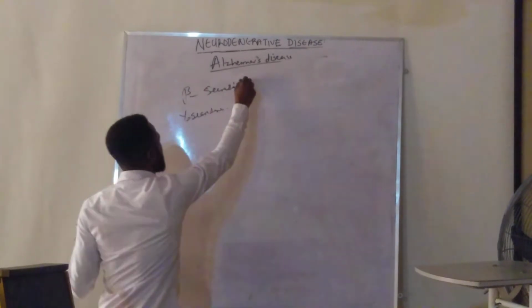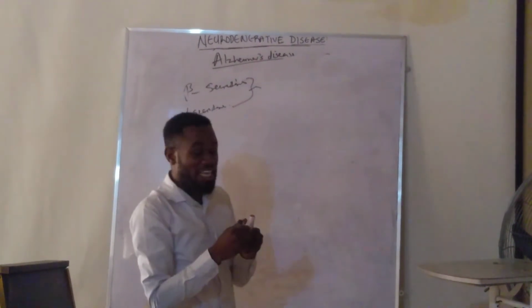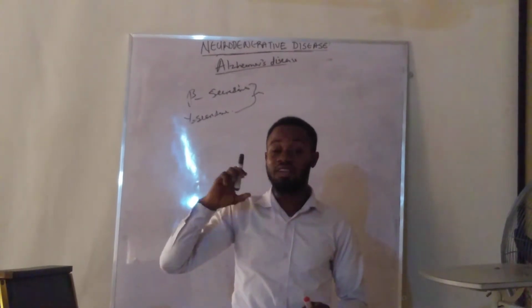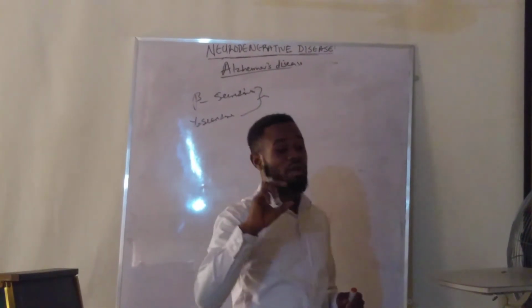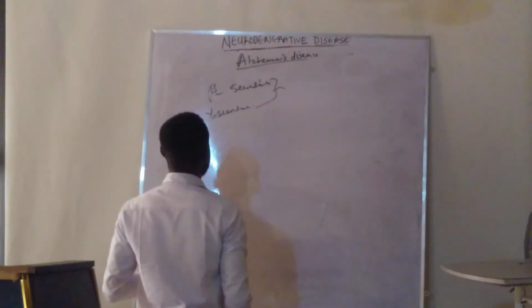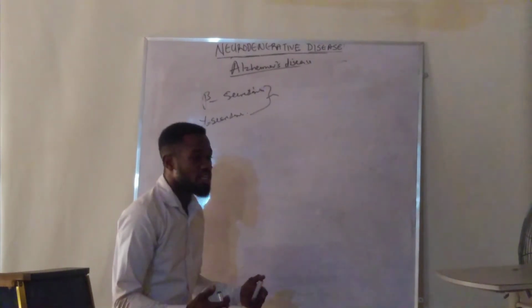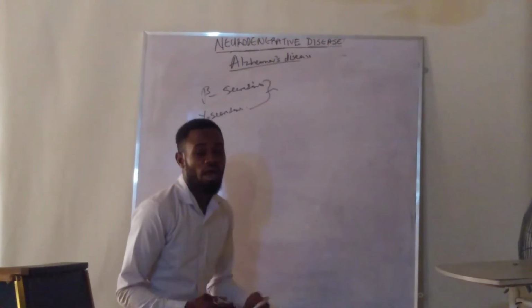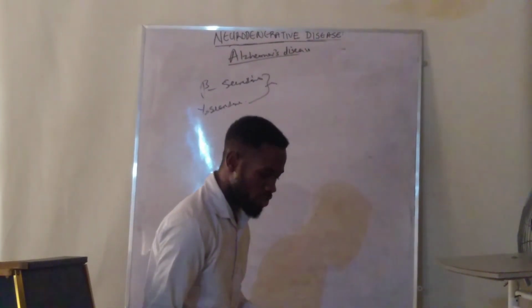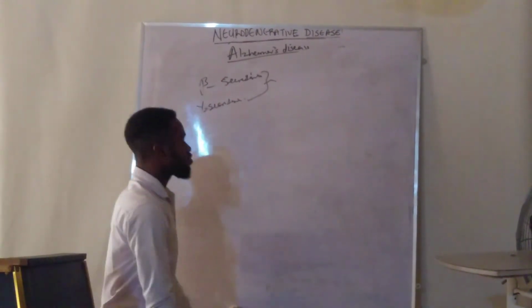These two enzymes cleave beta amyloid from amyloid precursor protein. And we talked about how, when there is an apparent shift in the production of beta amyloid, there will be aggregation and accumulation of beta amyloid in the tissue, leading to problems.